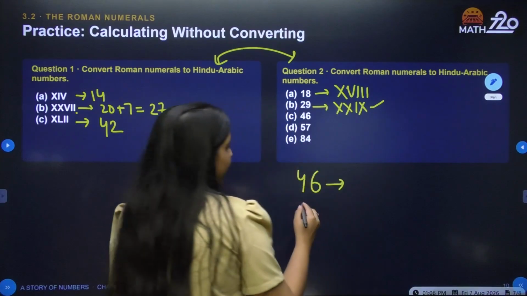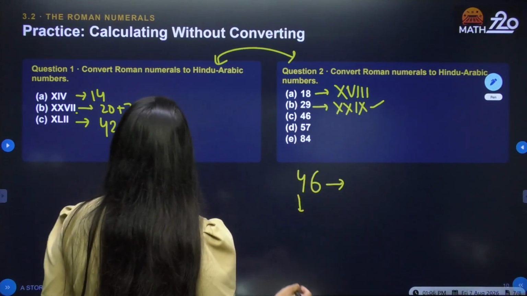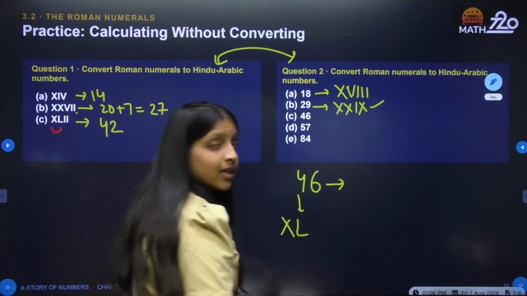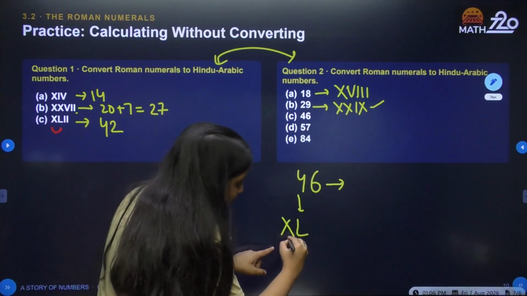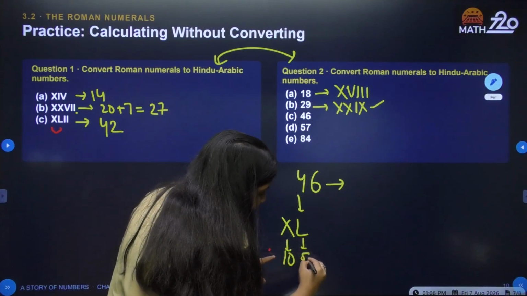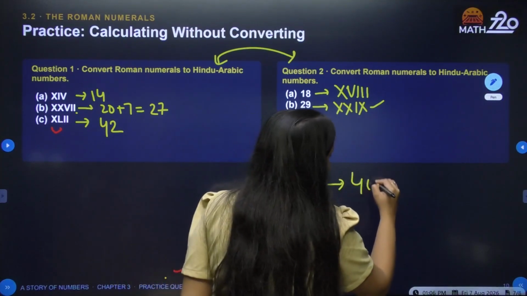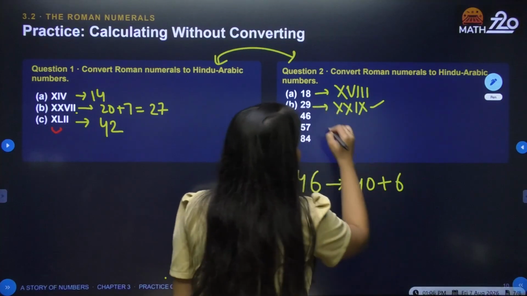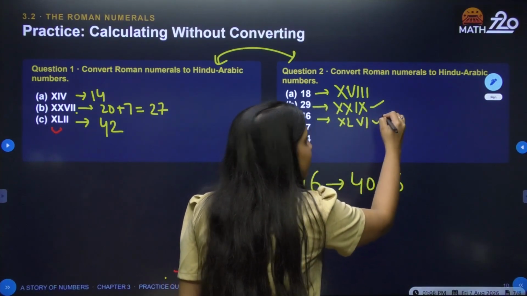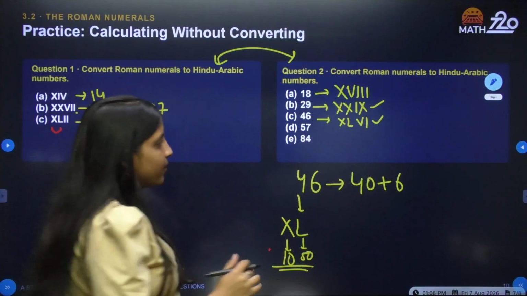For 46, we know that the Roman representation of 40 is XL, which we just discussed. How? Because our first number is small and the next number is large, we subtract it, and it becomes 40. 40 plus 6, that is XLVI. So this is the Roman representation of the number 46.